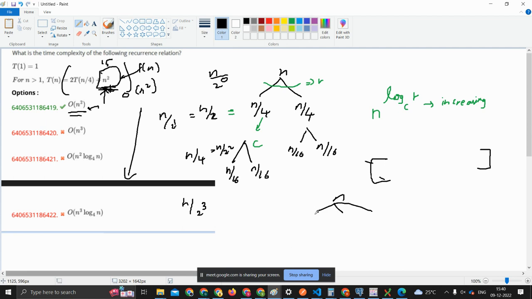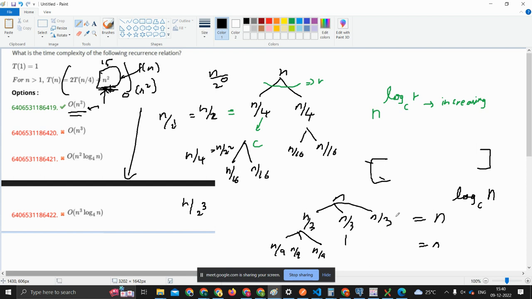But make sure the parts are equal. So n by 3, n by 3, n by 3 all sum up to n, correct? If I split into n by 9, n by 9, n by 9, they also sum up to n. In such a scenario, the complexity is going to be log base C of n.